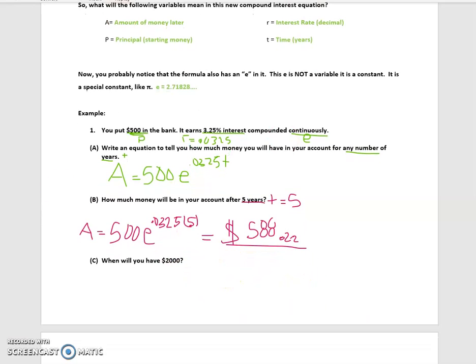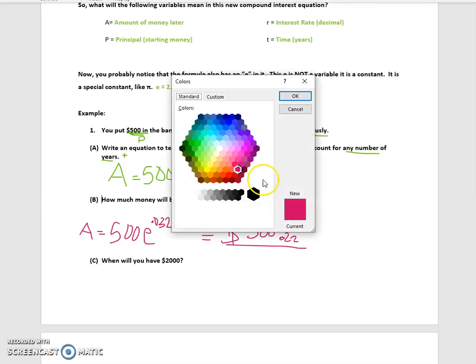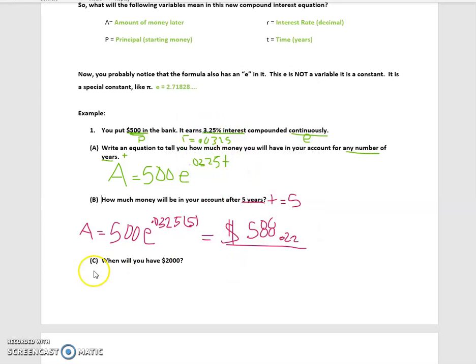Okay. Get a nice color for this example. How about a nice purple? When we have $2,000, that means that our A value equals 2,000.